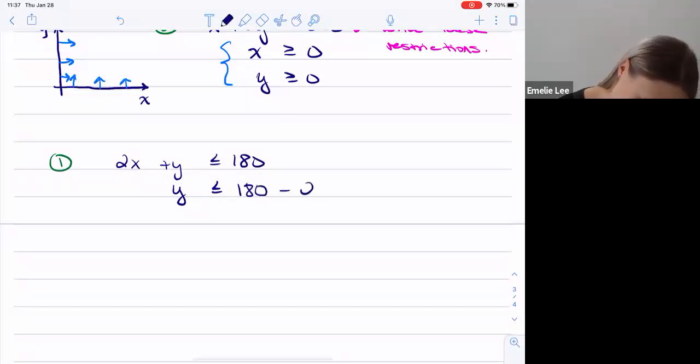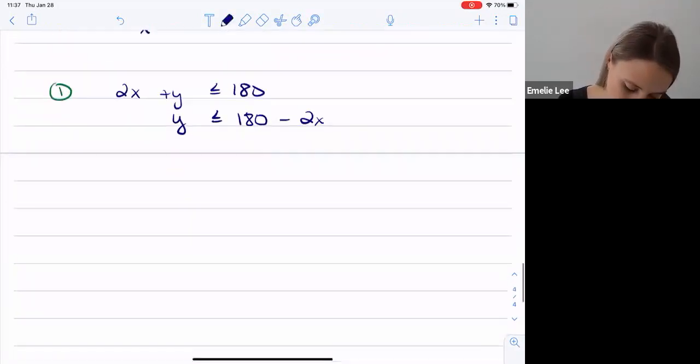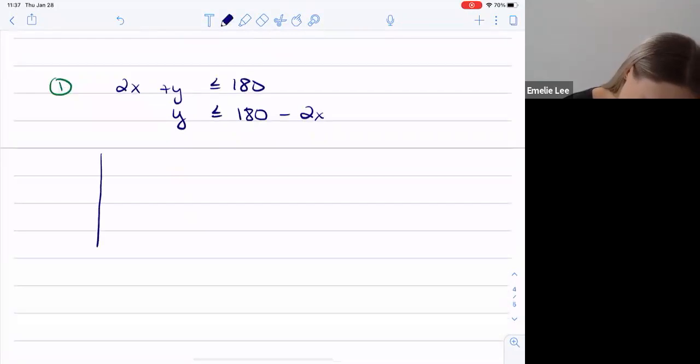So y has to be less than or equal to 180 minus 2x. What that's going to look like if we just draw it is going to look like this.